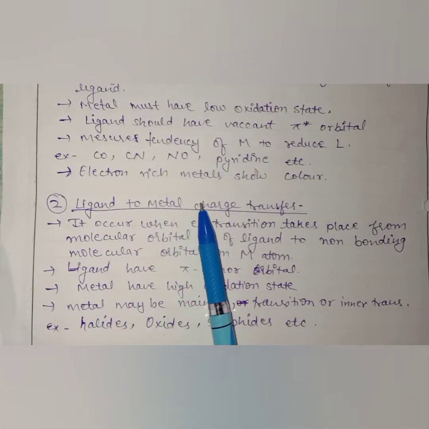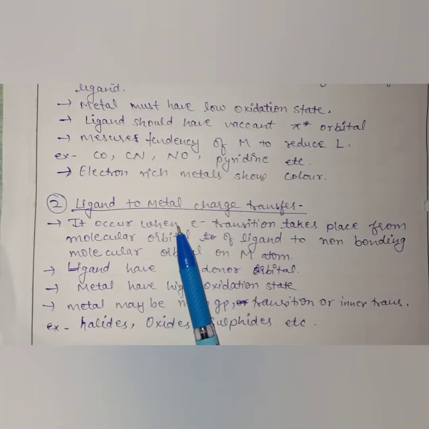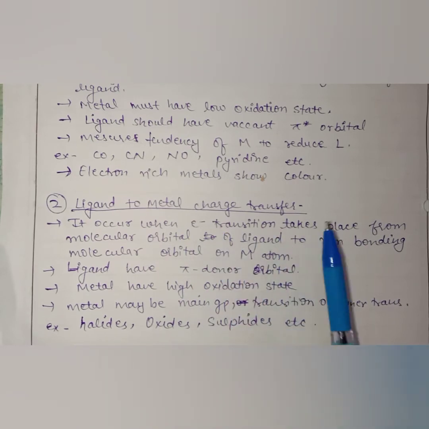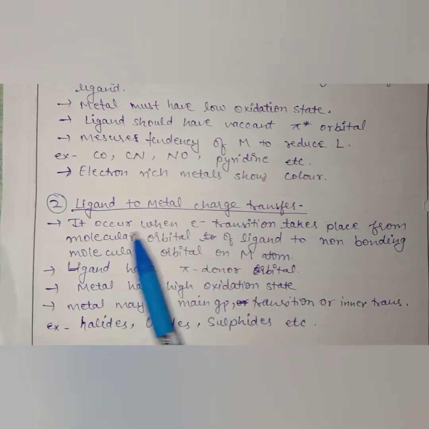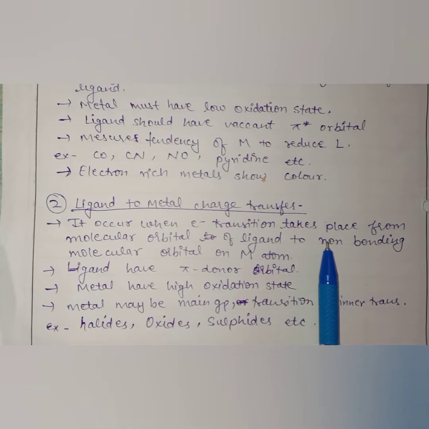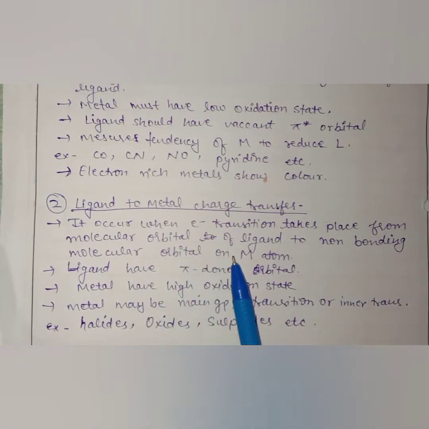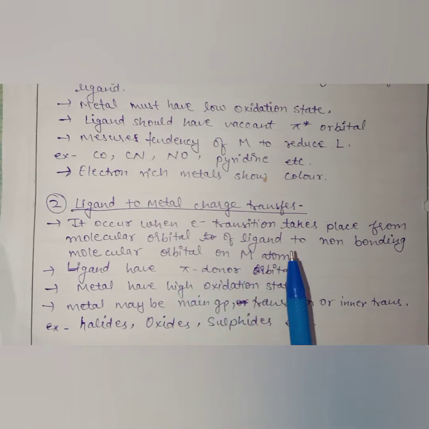Second is ligand to metal charge transfer. It occurs when an electron transition takes place from a molecular orbital of the ligand to a non-bonding molecular orbital on the metal atom. So the ligand has a pi donor orbital, and the metal has a high oxidation state.